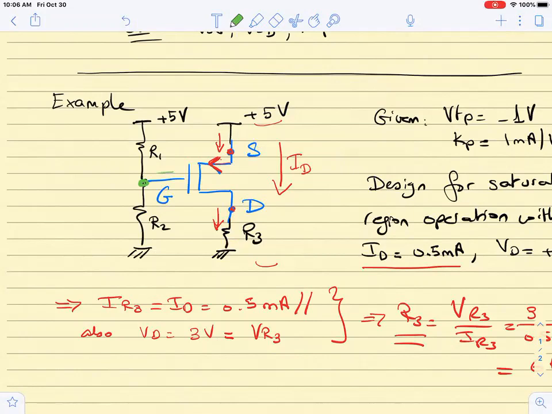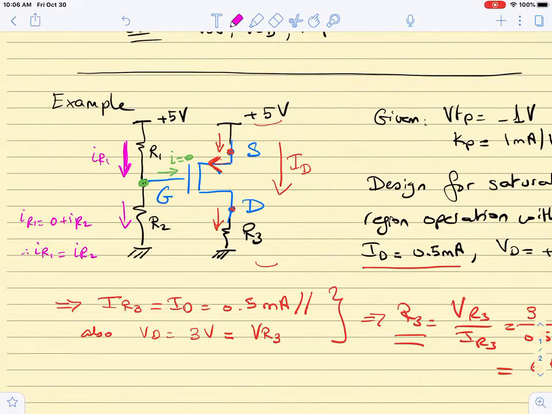We know that the current that is flowing into the gate is how much? 0. No current flows into the gate. يعني any current that is going to flow in R1, IR1 is going to be equal to 0 plus IR2. Okay, so therefore, in this scenario, because I'm connected to the gate of the transistor, IR1 is equal to IR2.